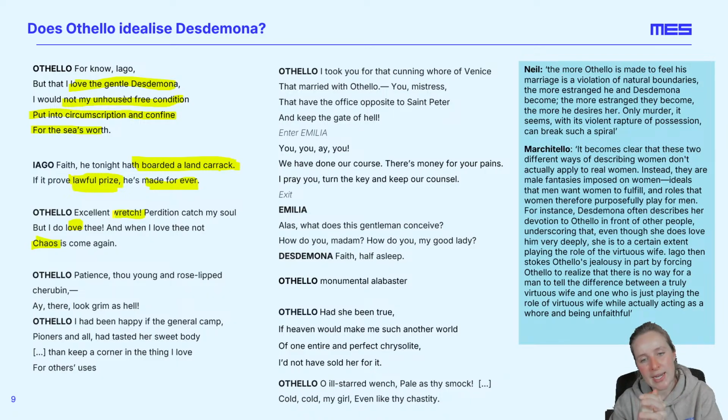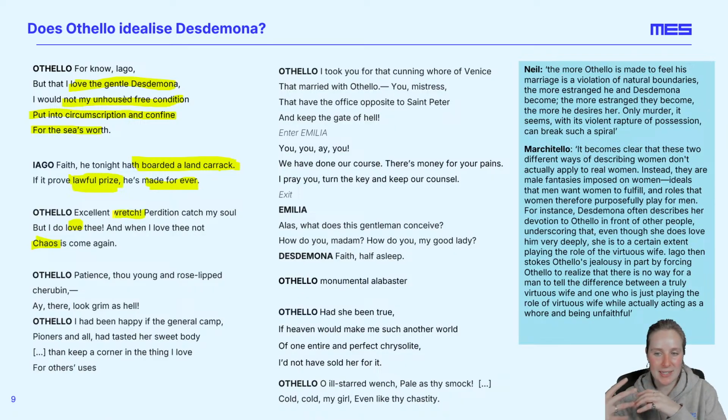So interestingly, is Othello using this language because she is so dependent on him now that she's given up everything else? Is it because he views her as this kind of orphaned and neglected creature, and thus something that he needs to protect, etc.?